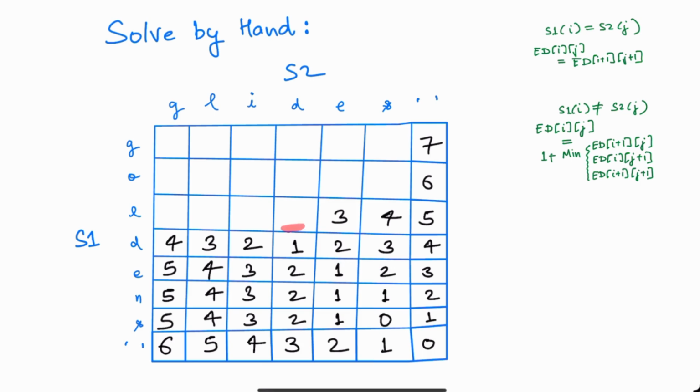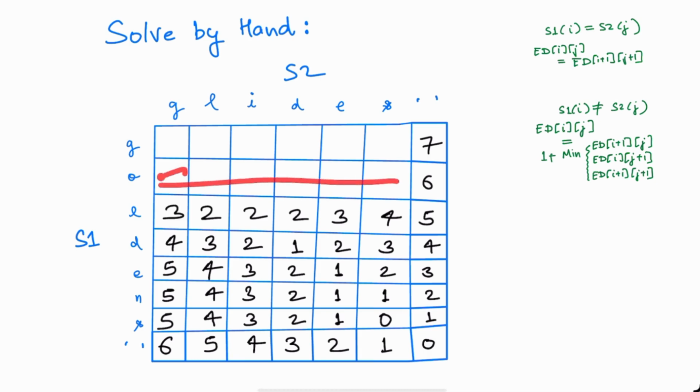The characters do not match, take the minimum and add 1, so it becomes 2. Characters do not match, so it becomes 2. Here the characters do match, it is L and this is L, so this is our answer. Let us put 2 here. The characters do not match, so let us put the minimum plus 1, so it should be 3.